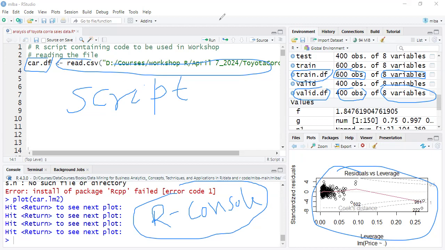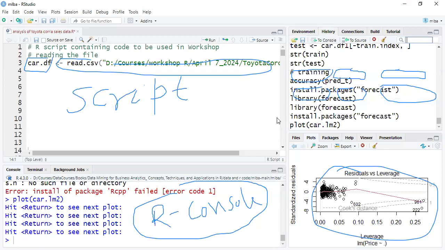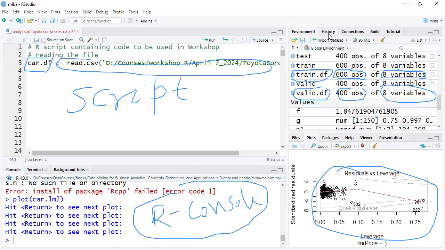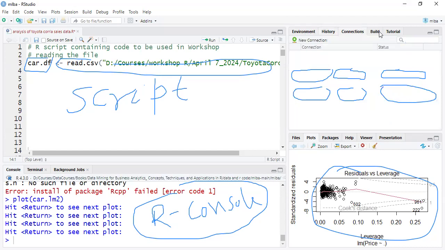The rest of the windows which we have here is a history window. History means whatever commands I run in the R console will be appended and added in the history. So history means the commands which are executed in R console will be added here. There are several tabs over every window.